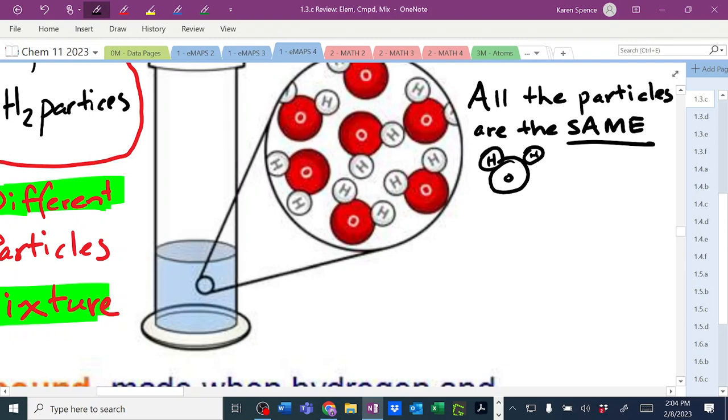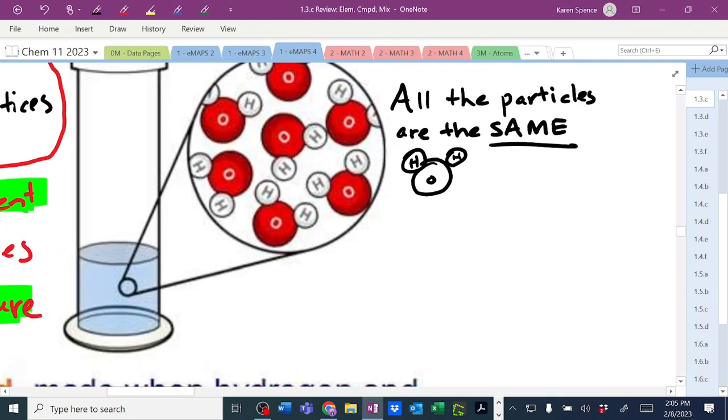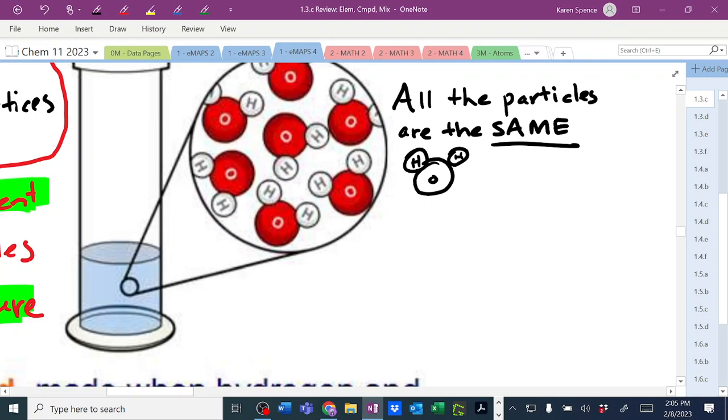Okay, they all look like a little Mickey Mouse. And what does that tell you? If all the particles are the same, you must have a, not a mixture, but could be a compound, but it could also be an element. If all the particles are the same, you know you have a pure substance.